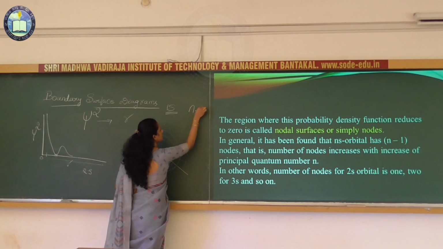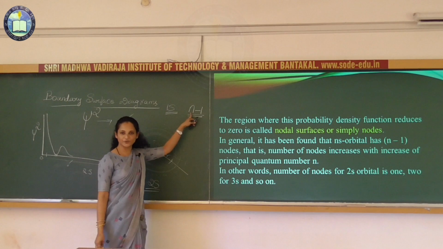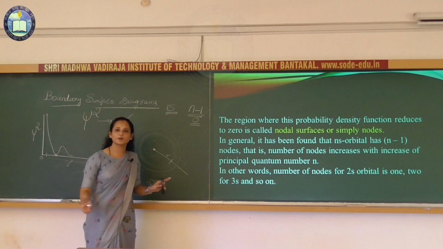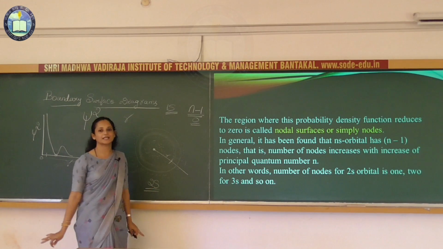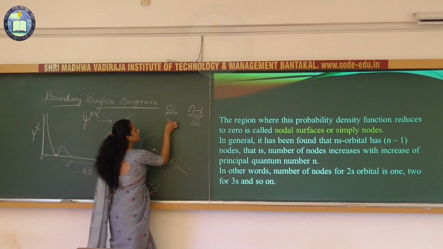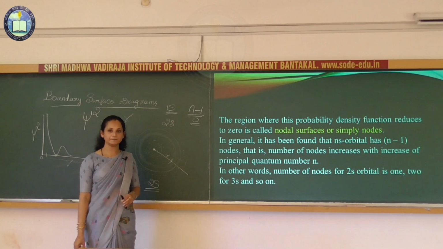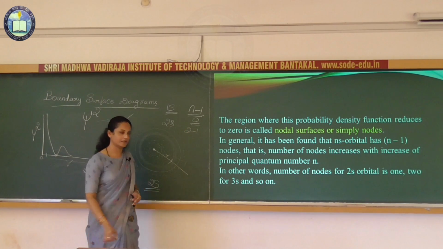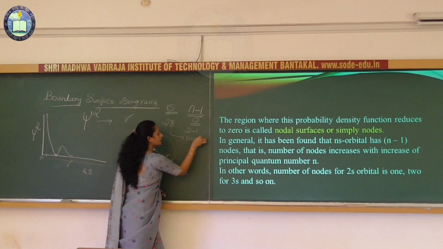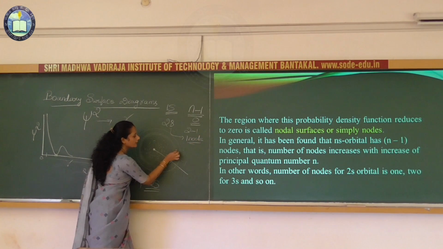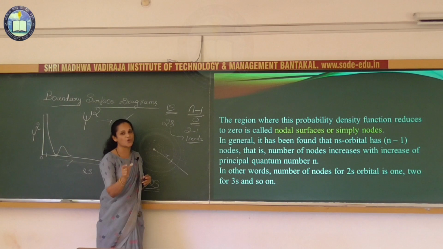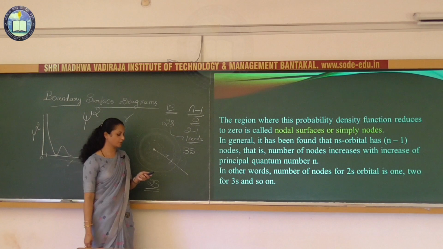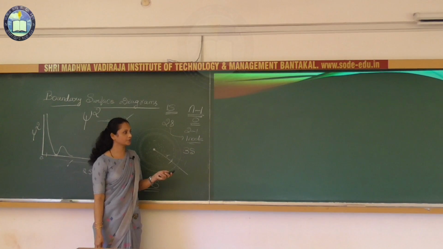Use the formula n minus 1. n is 1, first shell, 1 minus 1 is 0. ಅಂದ್ರೆ 1s orbital ಗೆ ಯಾವುದೇ probability density 0 ಇರುವಂತ region ಇಲ್ಲ. 2s orbital, consider the 2s orbital where n is equal to 2, 2 minus 1 is 1. ಅಂದ್ರೆ 2s orbital ಗೆ 1 ನೋಡ್ ಇದೆ. ಅಂದ್ರೆ ನಾನು ಇಲ್ಲಿ ತೋರಿಸ್ತೇನೆ, 1 empty region ಸಿಗುತ್ತೆ ನಿಮಗೆ. 1 nodal surface.